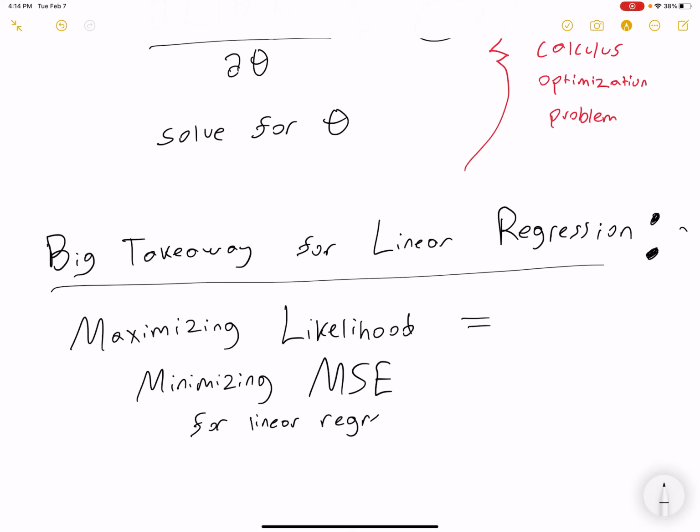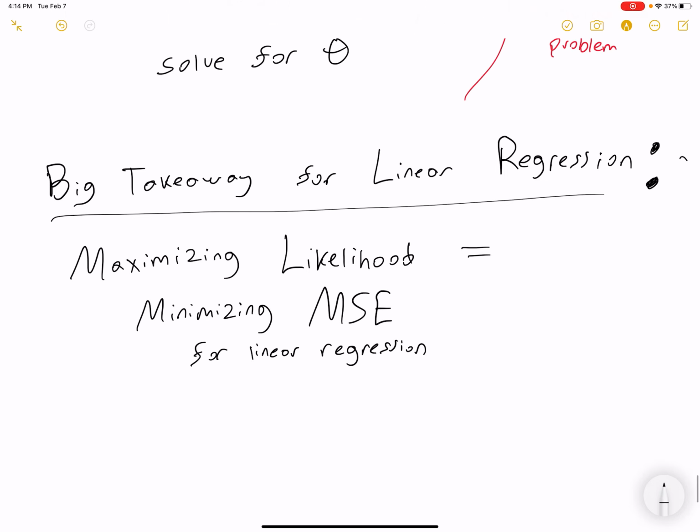And that's the mathematical reason that mean square error is a nice loss function, because minimizing mean square error is the same as maximizing the likelihood of the parameters of the model for linear regression. So kind of cool stuff. Let me know at the beginning of next class if you want me to show you how that works. And otherwise, we will move on. But we could also use this to derive the loss function for logistic regression. So I do want to show you that as well.